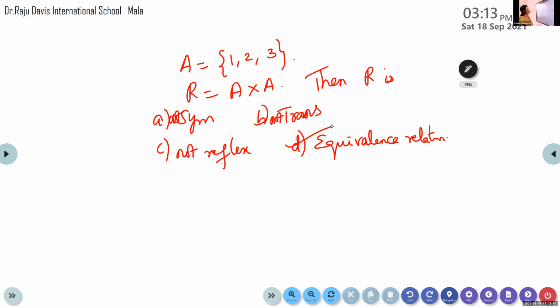When you take the whole set, 1, 1 will be there, 2, 2 will be there, 3, 3 will be there. We get all the possibilities. Therefore, if you take the whole set, it is an equivalence relation. Write the next one.